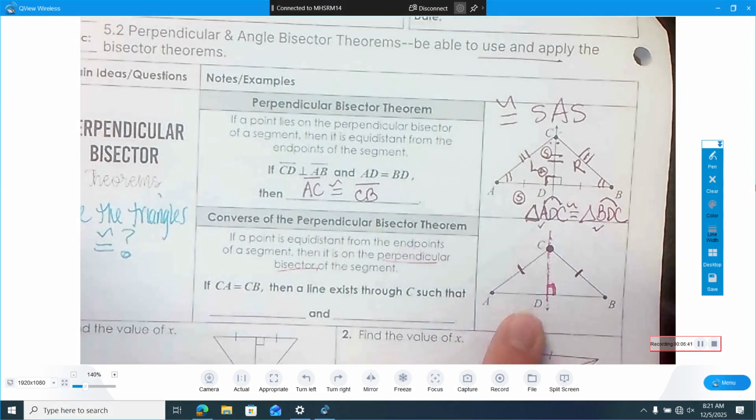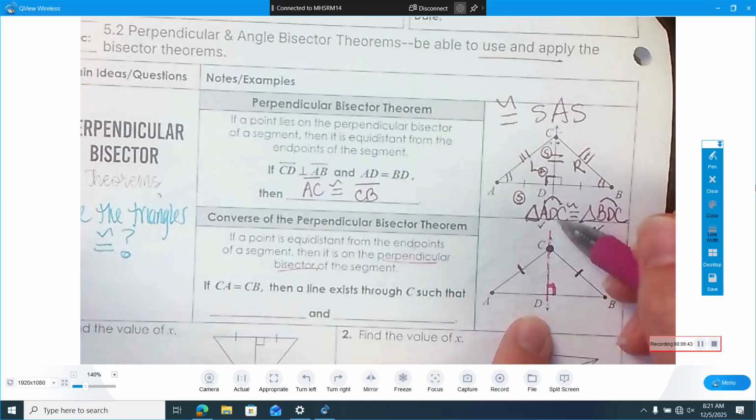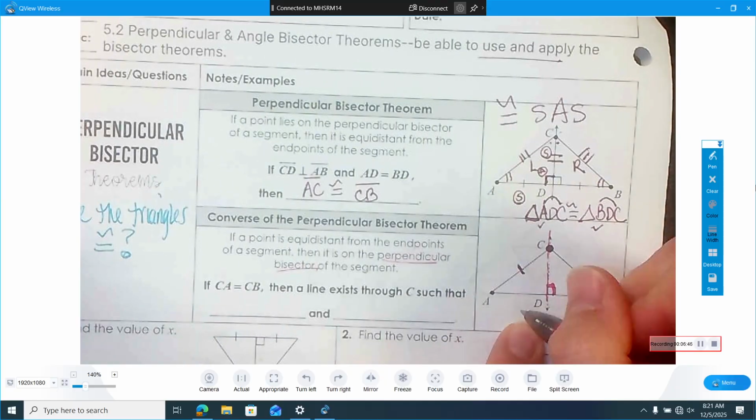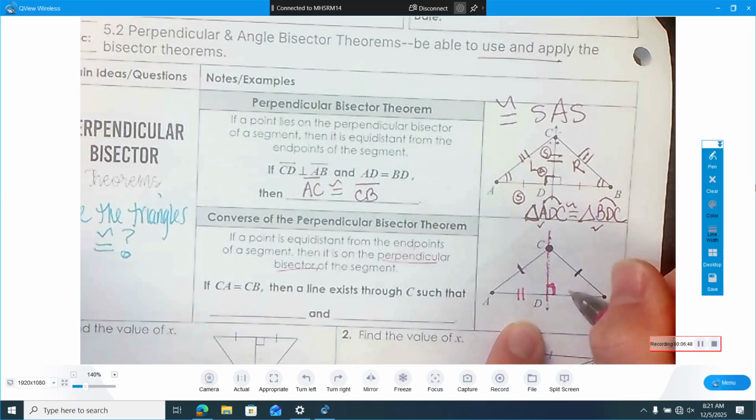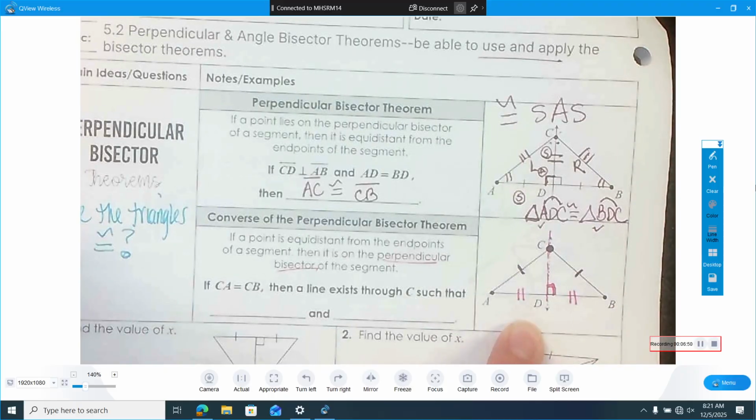So first it's perpendicular, but that segment CD also bisects segment AB. So it cuts it into two equal pieces.